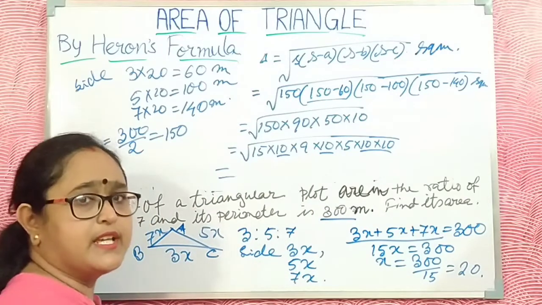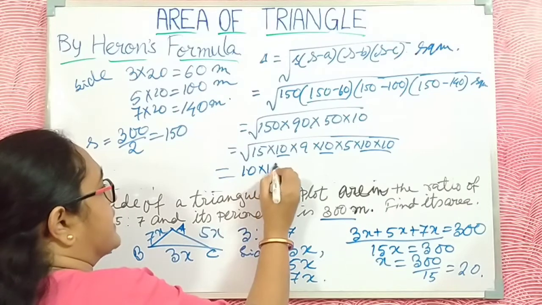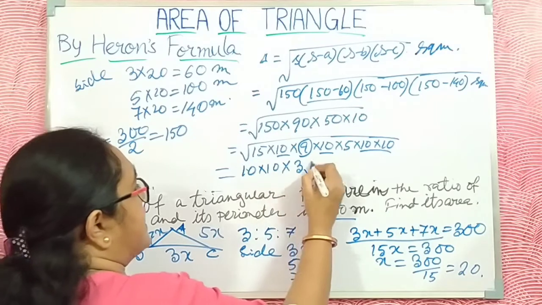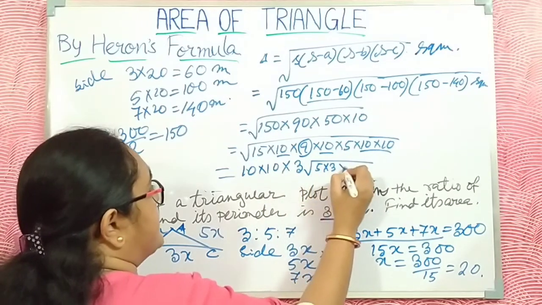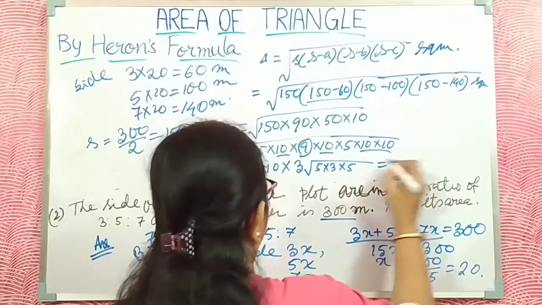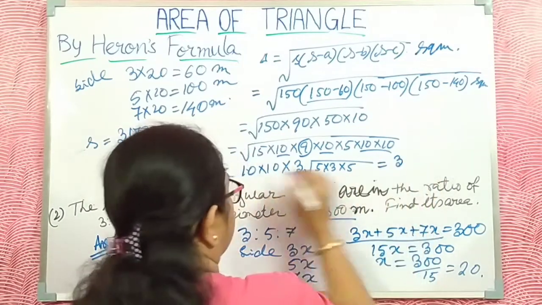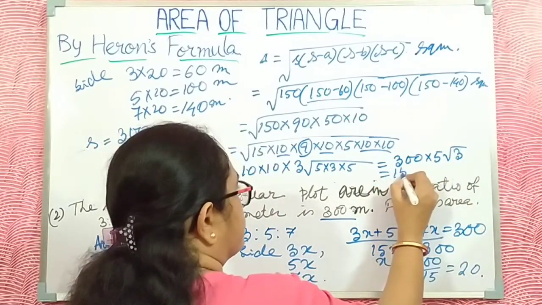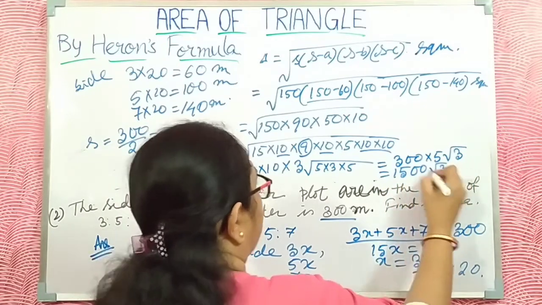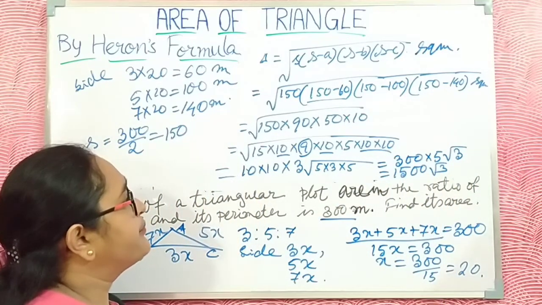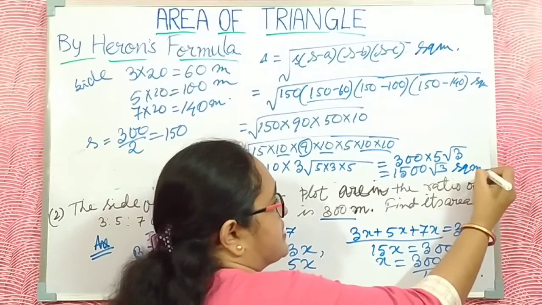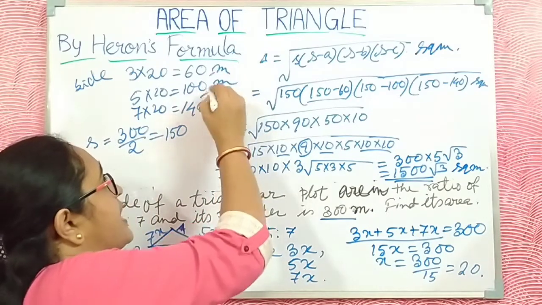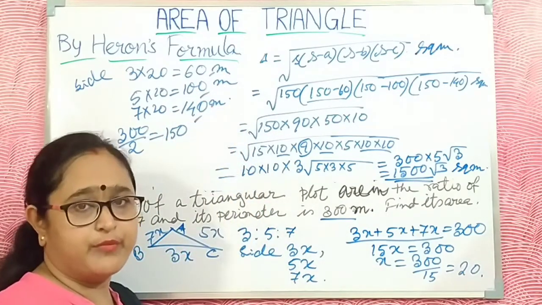Square root of 4 tens means 2 10 comes outside. Square root of 9 becomes 3. And 15 means 5 3s are 15, and 1 5 is present here. Then this is 100, 300, and 1 5 comes out, and this is square root of 3. So 1 3 5 is 15 square root of 3 square meter. This is the area of the triangle whose sides are 60 meter, 100 meter and 140 meter.